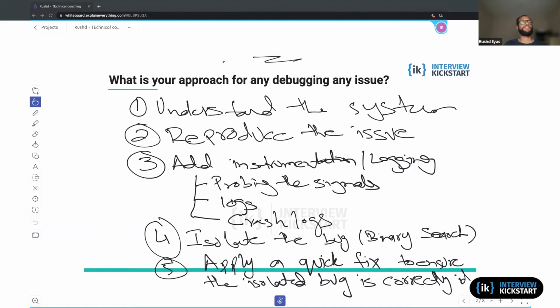But if it's a customer-owned unit, or out of millions only 1,000 or 10,000 see that issue, then it becomes much trickier. Then it's also your best effort: you make your best guess, apply the best effort, and hopefully that solves the problem.